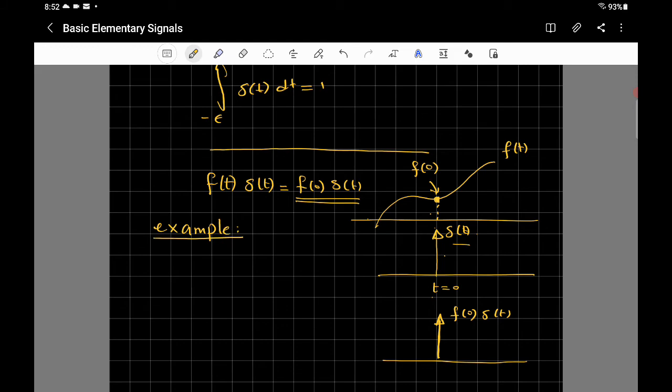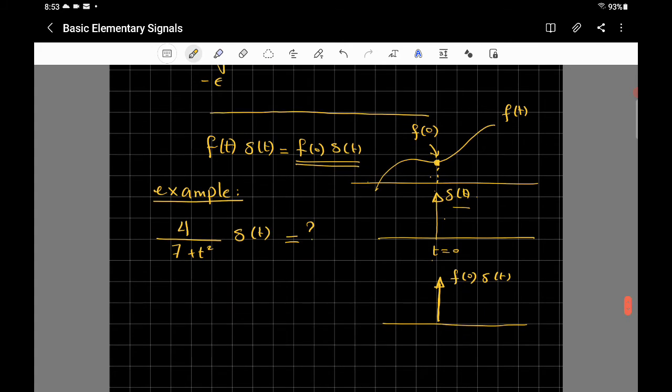Let's say that we have 4 over 7 plus t squared, times delta t. So what is the result? In this case, this will be considered as our function f of t. So I multiply it by delta t, so we'll find the value of this function at 0.